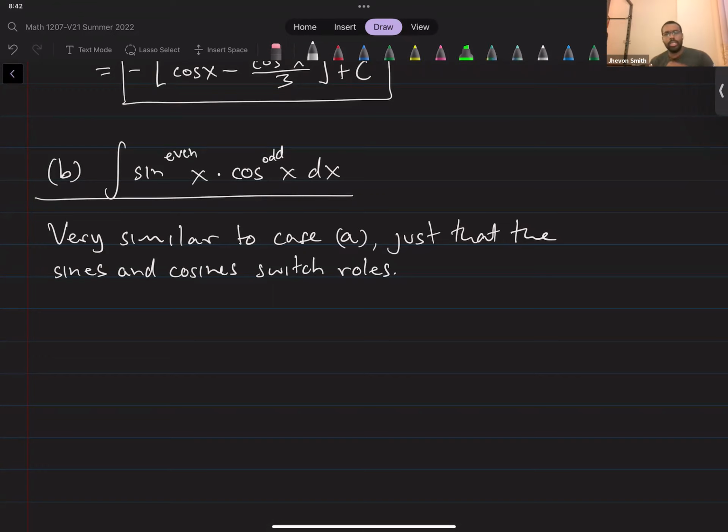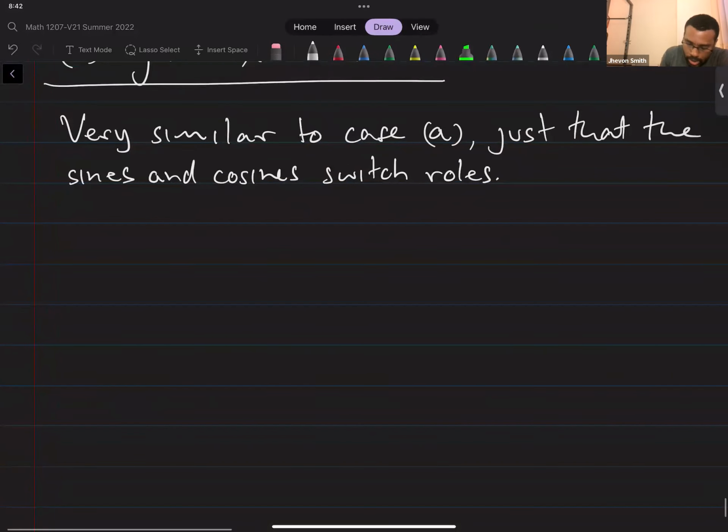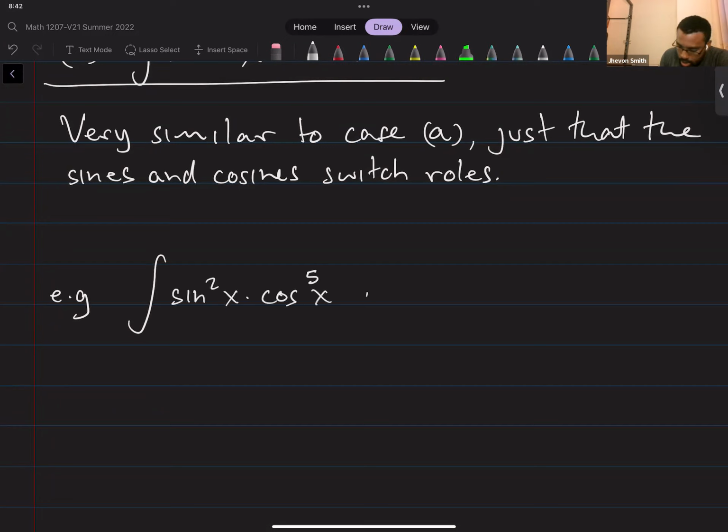Okay, so instead of saving a factor of the sine, you're going to save a factor of the cosine. So for example, the integral of, say, sine squared x times cosine to the 5th x. Okay, you have an odd number of cosines, you have an even number of sines, you save a factor of the odd power.